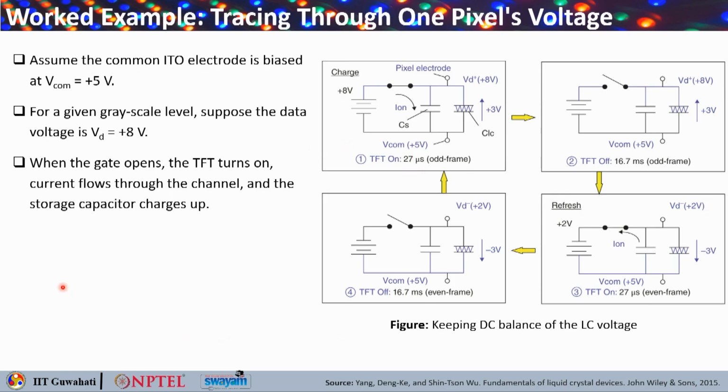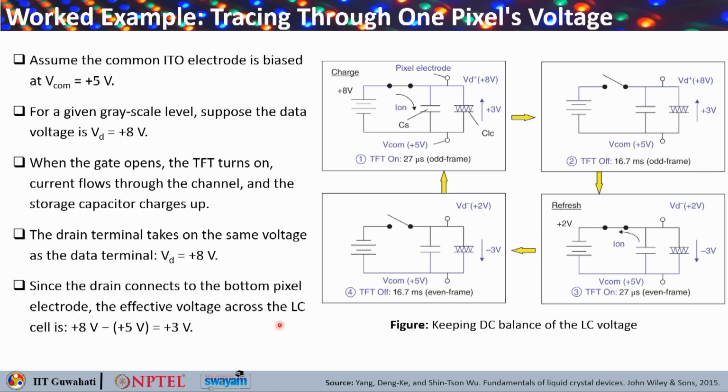Since this drain terminal is directly connected to the bottom pixel electrode, that is the one facing the liquid crystal layer, you can see the drain voltage of plus 8 appears there, right?